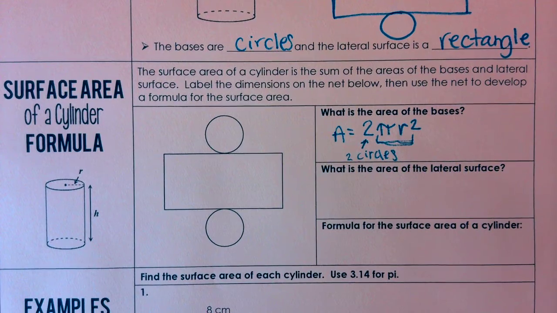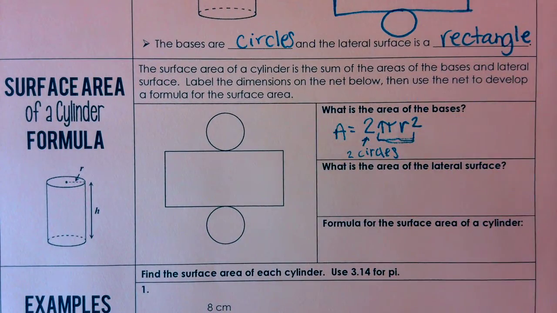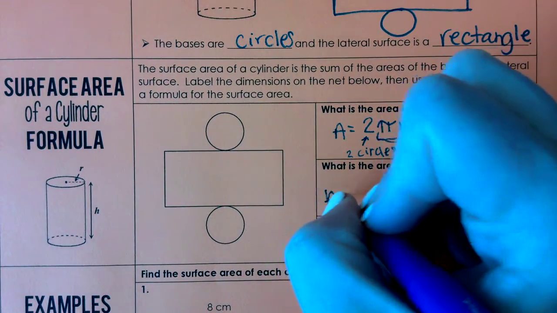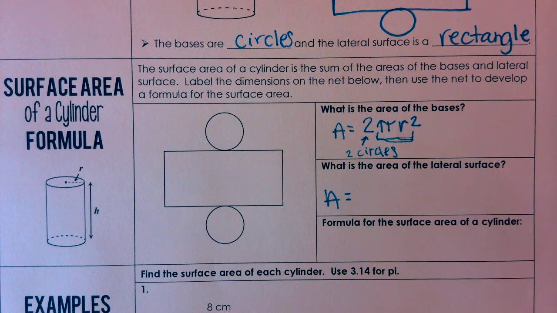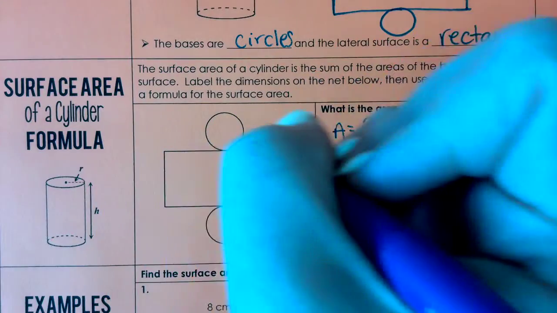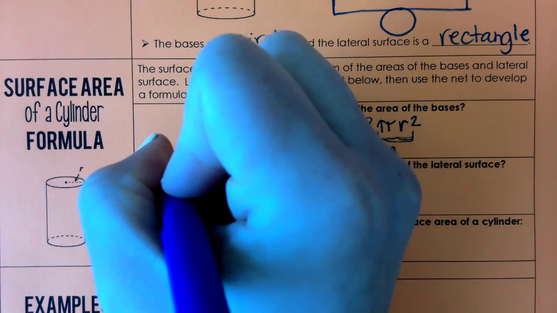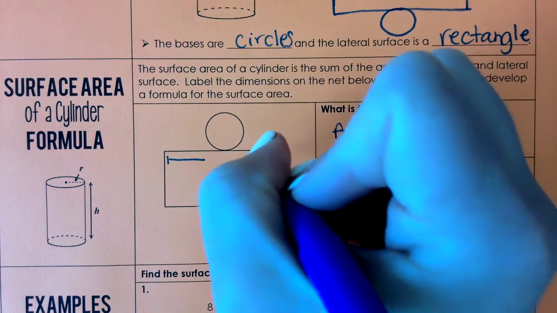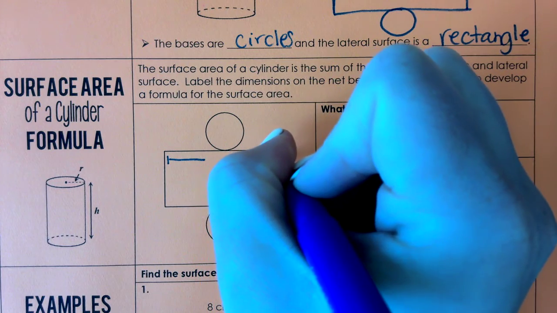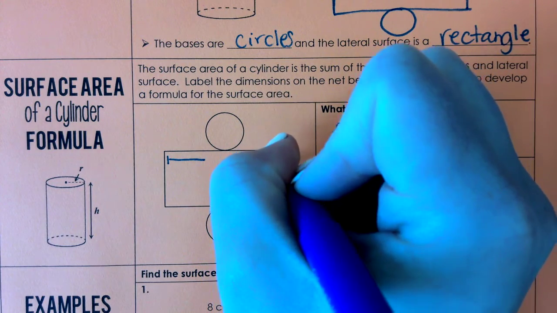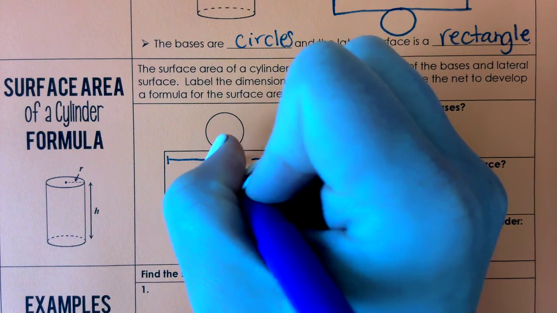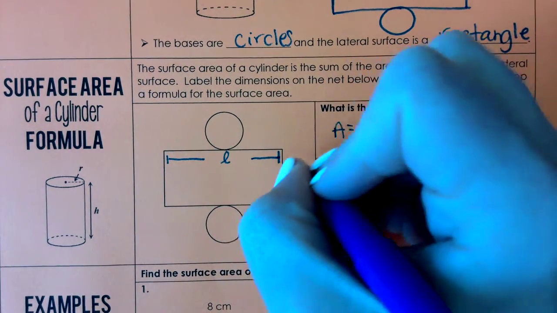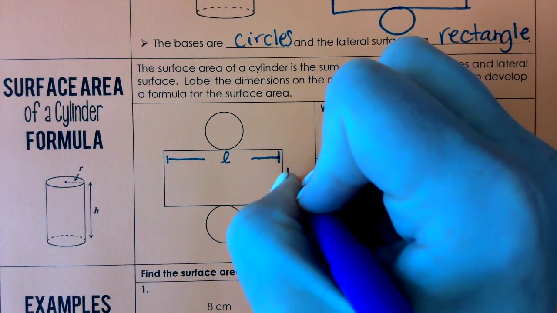Then we have the lateral face. What's the area of a rectangle? Base times height, or length times width. My width is easy because that's just my height.